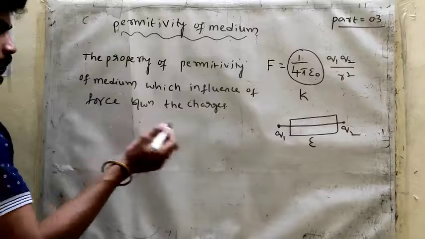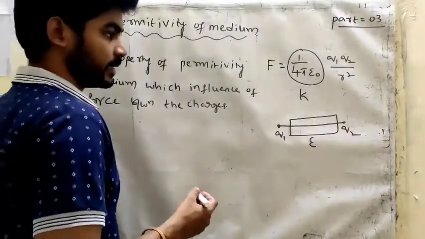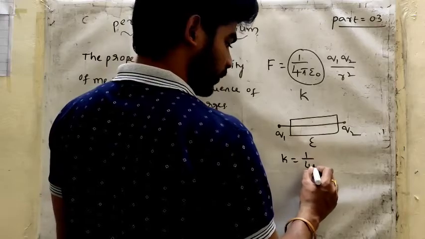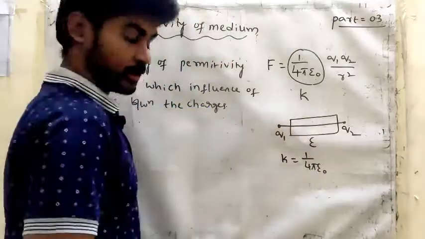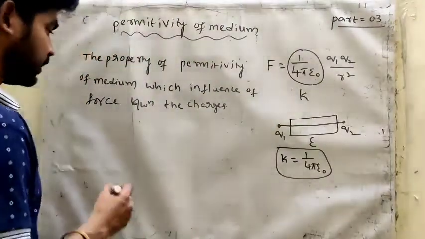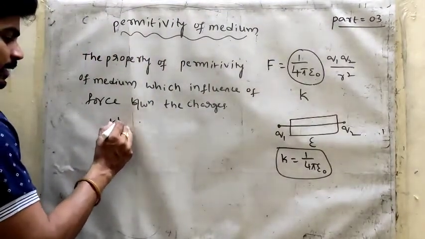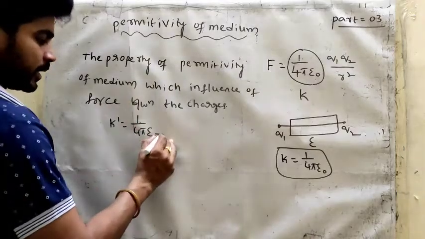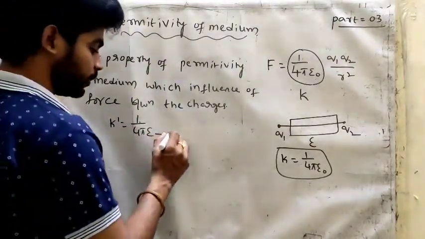In general we take K is equal to 1 by 4 pi epsilon naught, the general formula. But when you are placing a medium, in that case we take K dash is equal to 1 by 4 pi epsilon. This epsilon is the permittivity of medium.